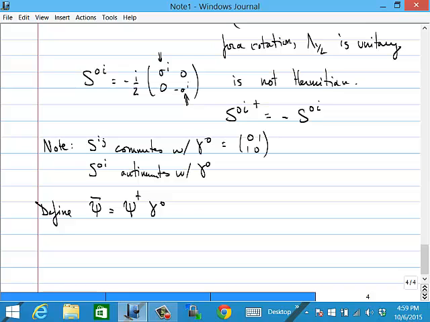Then how does this transform under a Lorentz transformation? Well, psi bar goes to psi dagger times lambda to the 1/2 dagger gamma 0.